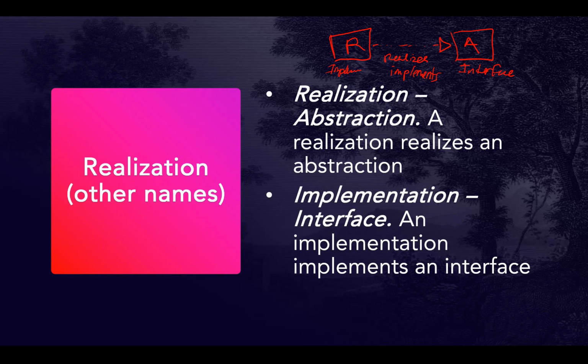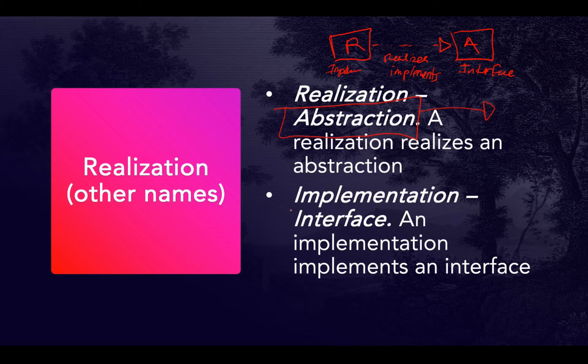Interface is also a fitting term for abstractions because it is through these classes that other objects interact with each other. And the term abstraction that I'm using here, in this specific context, is the construct abstraction, a type of class in a relationship.